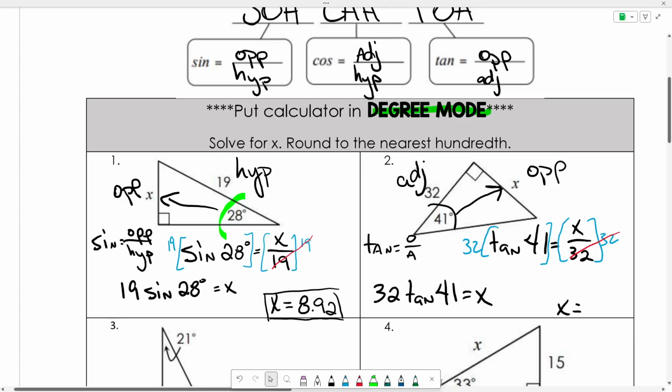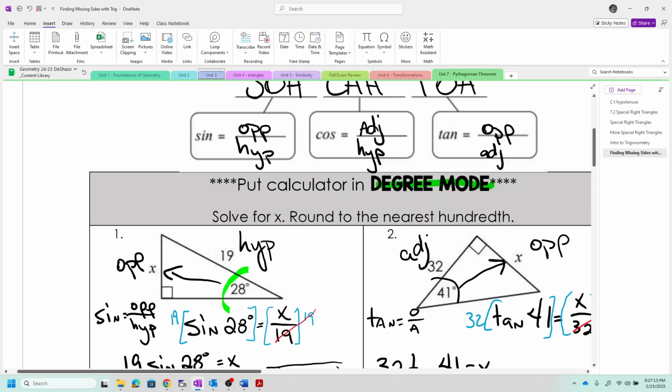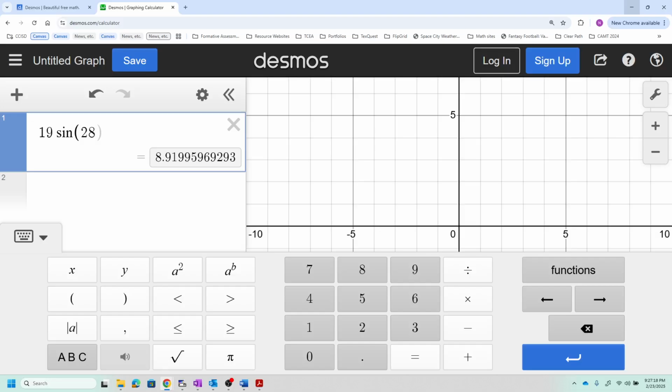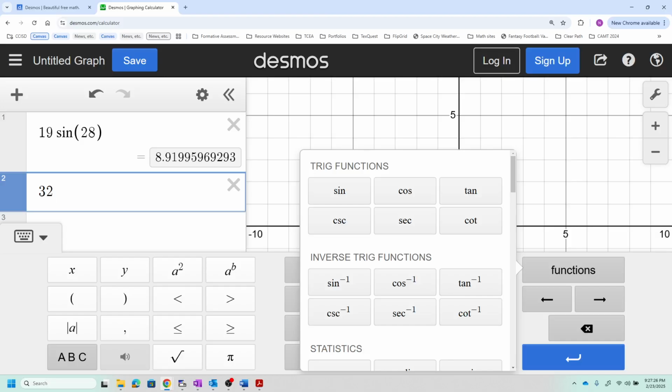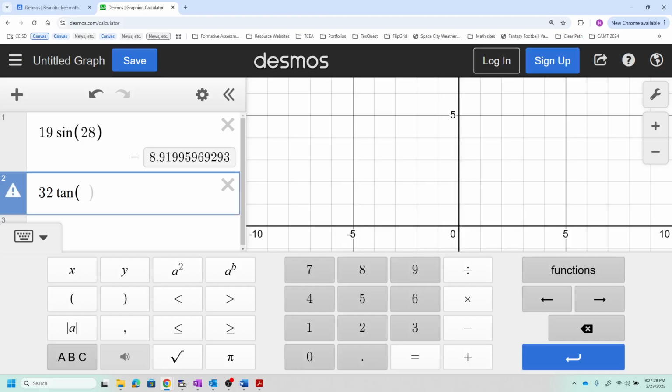And when we plug that into the calculator, 32 times functions tangent of 41, we see that it is 27.82.